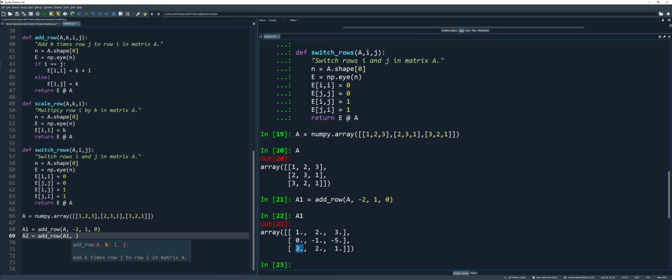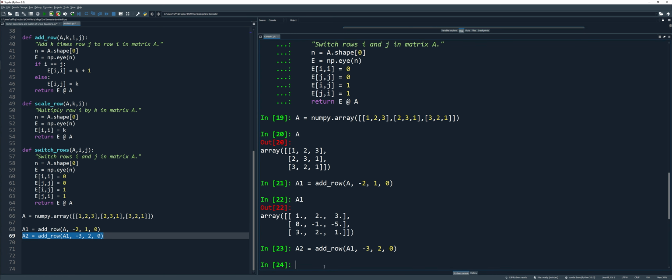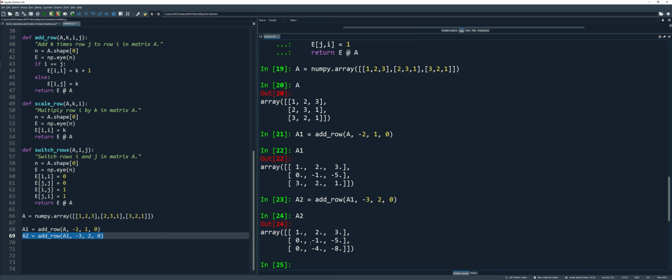And to make this one 0 using row 0, we will multiply row 0 by -3 and change row 2. Run the code, and let's check. It's A2. So we were now able to change this one to 0.